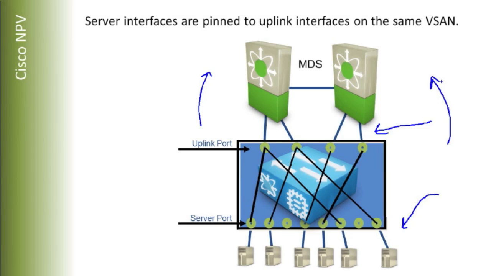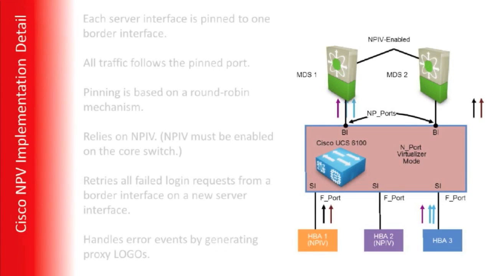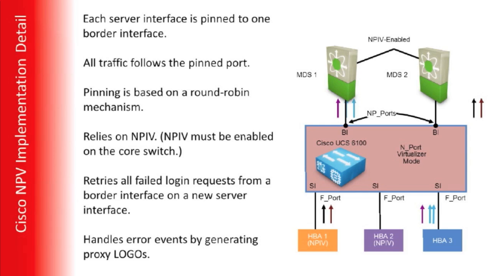If you want to get into the details of this N-port virtualization technology, let me show you this slide. Don't be intimidated by this slide. Okay? We don't need to know all this for the exam, for example. But this is what the technology looks like.